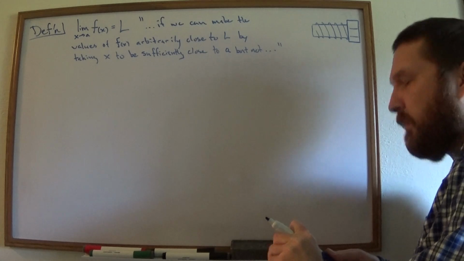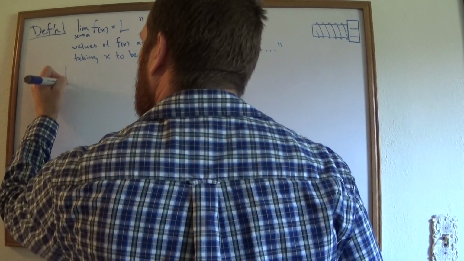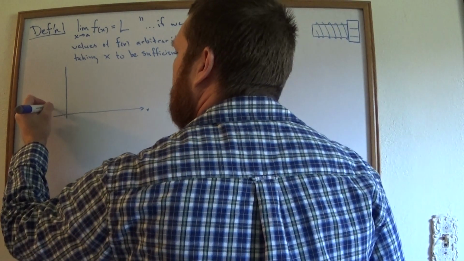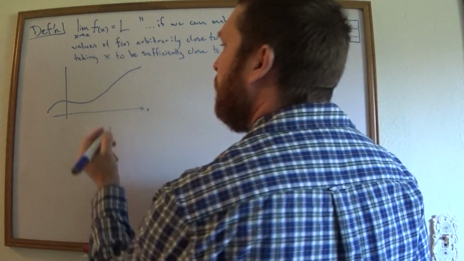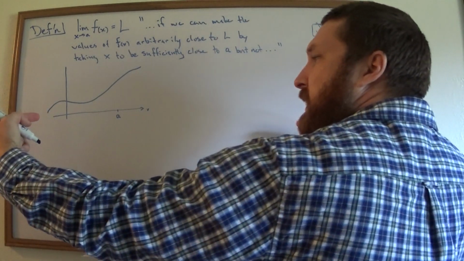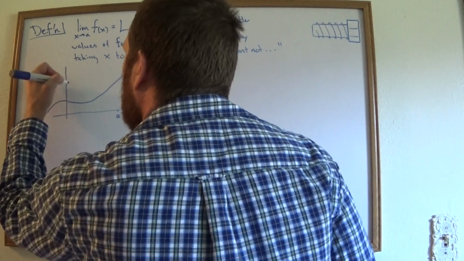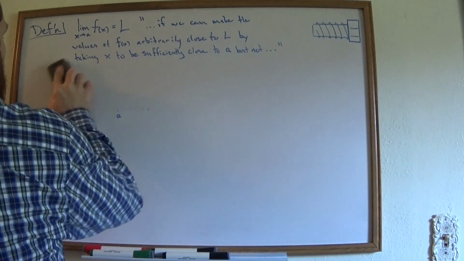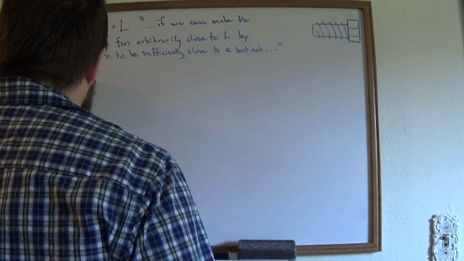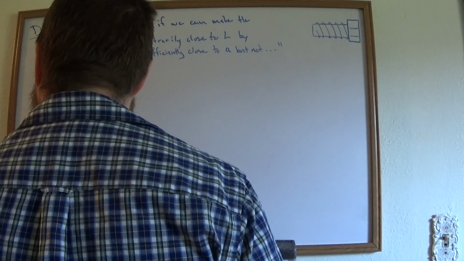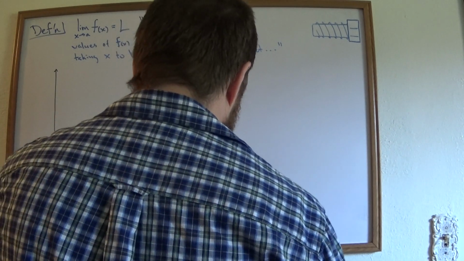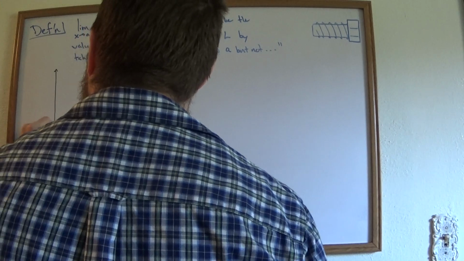And in pictures, what we mean by this is that if you have some function, here's your x-axis, and you have some a here as your input. Then as x goes to a, so let's make this a bit bigger. I want to do this because we're going to do some more stuff with this. Okay, input axis, output axis, and you have some function f.